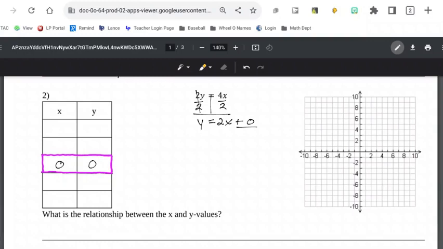So when x is 0, y is 0 again. Because, quick reminder, this point should be our y-intercept, which is 0 and b, whatever that number is after the mx. Okay, next step, we want to choose points that are around 0 for x. So we have -1, -2, 1, and 2.